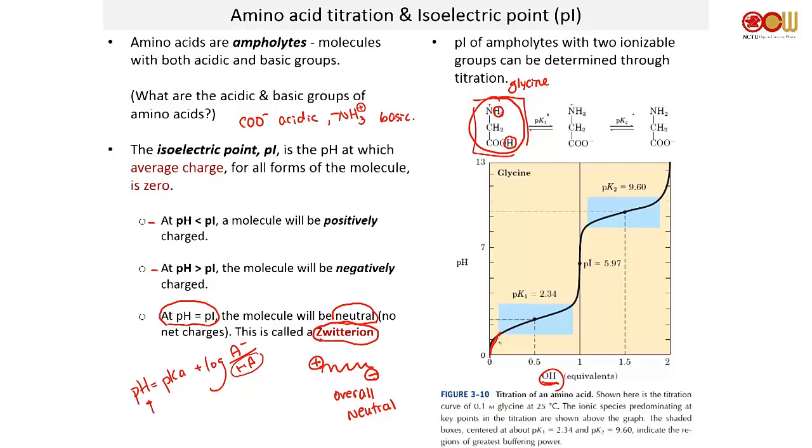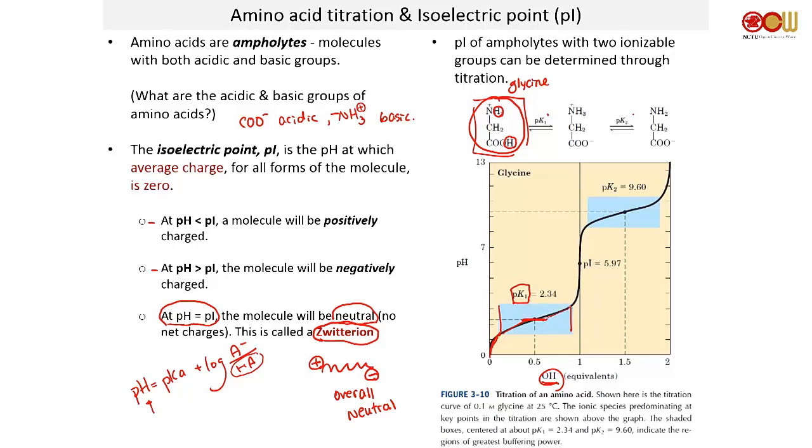And then very quickly you're going to enter essentially the buffer zone, okay? That's the buffer zone. And then gradually the slope change is going to become really slow, nearly 0, okay? So this is the point where you have the first pKa, okay? And then you keep on titrating it with NaOH, okay? Keep on titrating it.